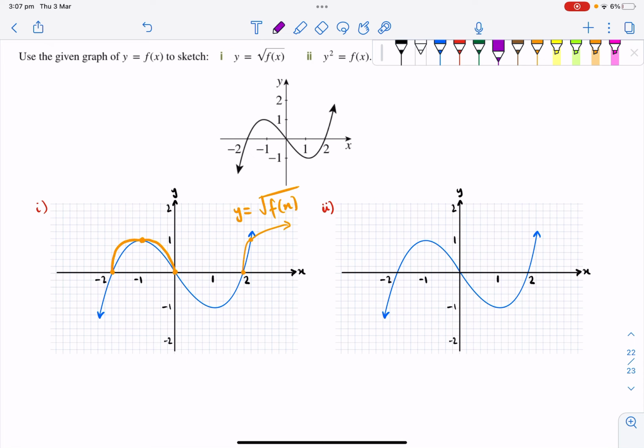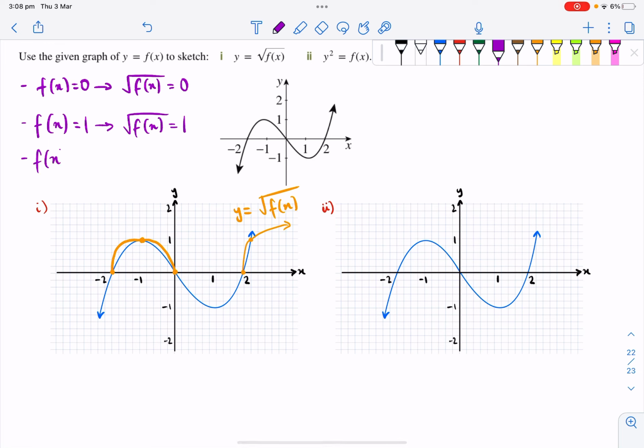So real quickly, our takeaway from that was, we've got a few. If f(x) equals 0, then square root f(x) equals 0. If f(x) equals 1, then square root f(x) equals 1. If f(x) is greater than 1, then square root f(x) is less than f(x).